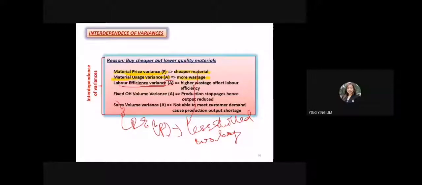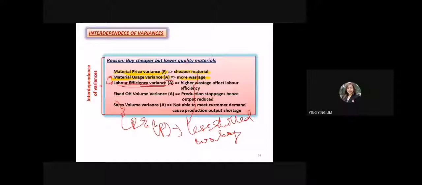Or I could link material usage with labor efficiency. So cheaper material, more wastage, right? So more wastage. Therefore, in actual, your labor uses more time to complete the work due to the lower quality material. So, adverse efficiency variance.